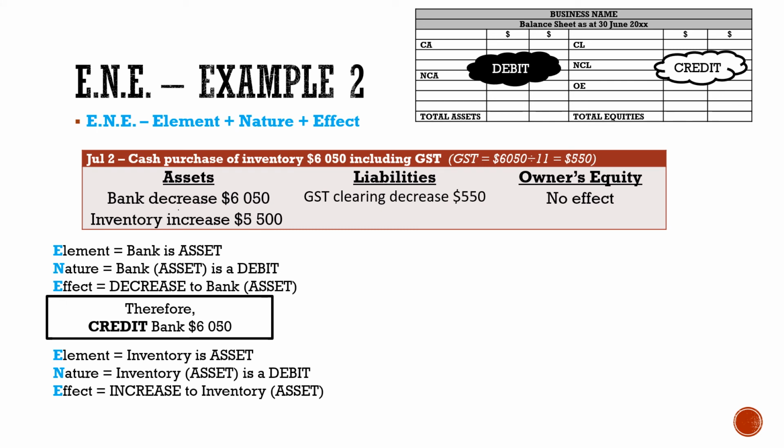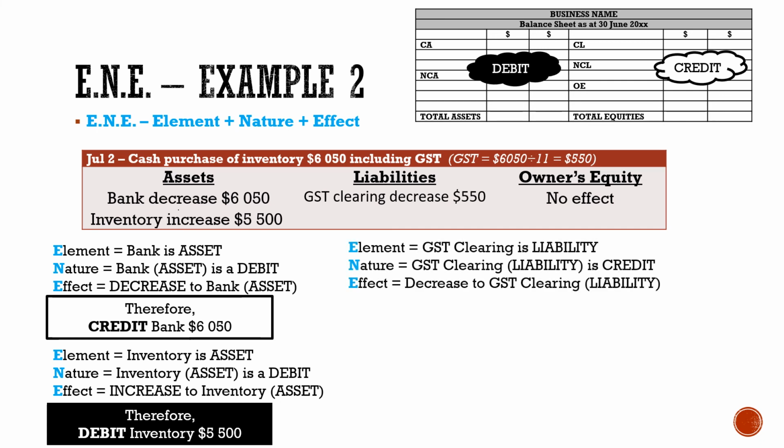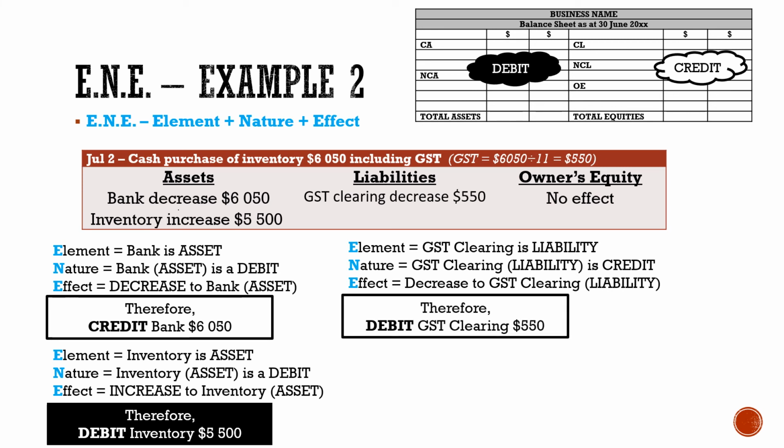Since there was an increase to the inventory, therefore we debit the inventory by the amount of $5,500. Under liabilities, we recognize GST clearing as a liability, which has a credit nature. Since there was a decrease to the GST clearing, therefore we debit the GST clearing for the amount of $550.